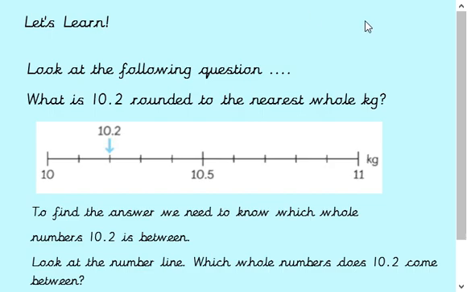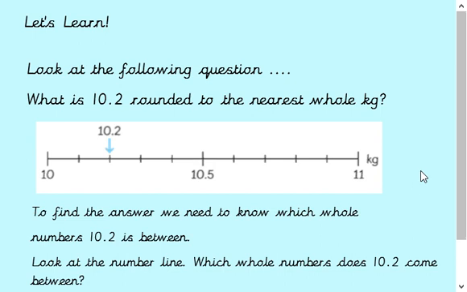So let's learn. Let's look at the following question. What is 10.2 rounded to the nearest whole kilogram? Well, to find this answer, first of all, we'd need to know which whole numbers 10.2 is in between. In this case, if we look at the number line, 10.2 comes in between 10 and 11.